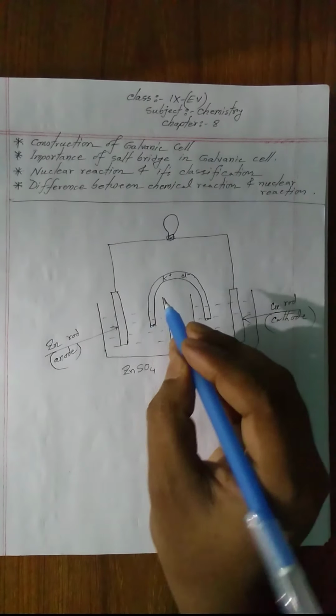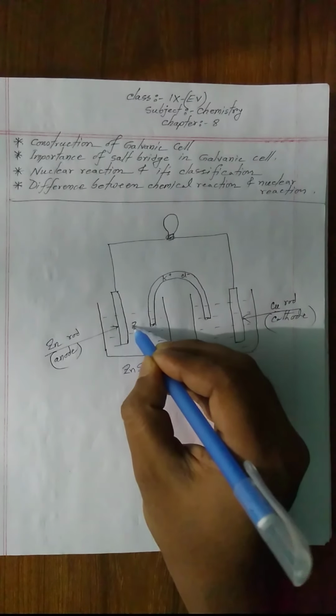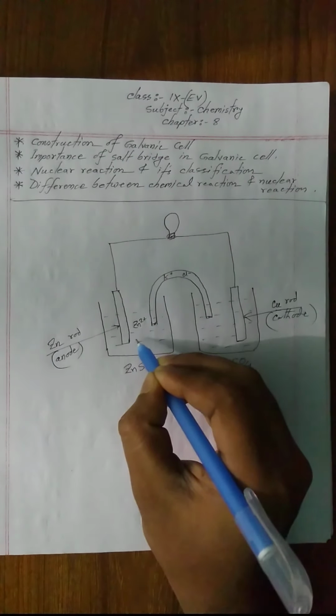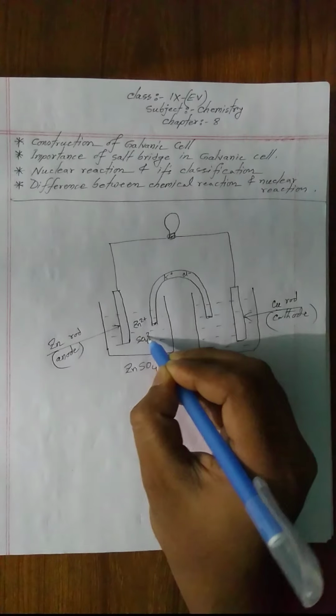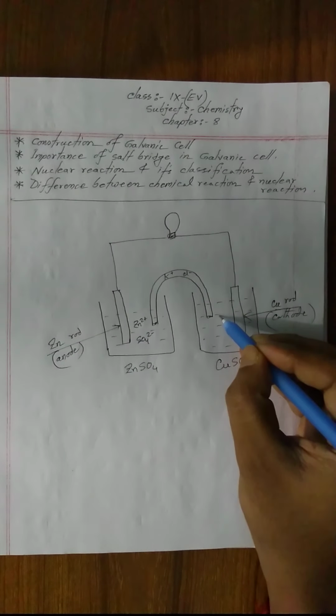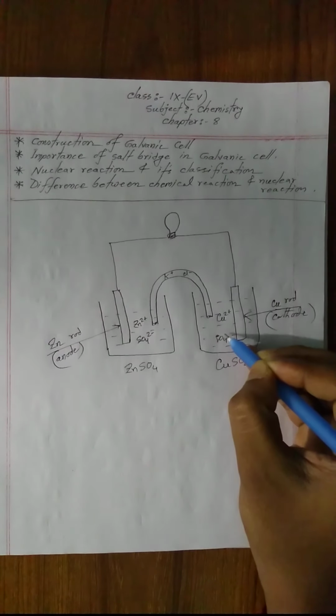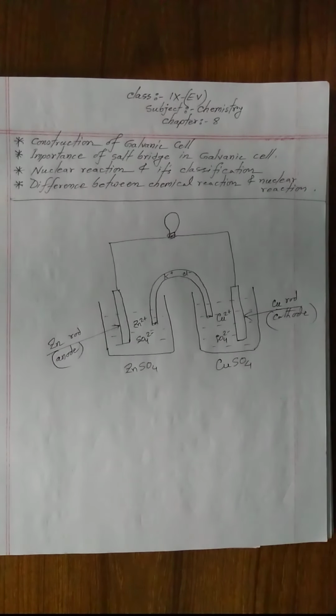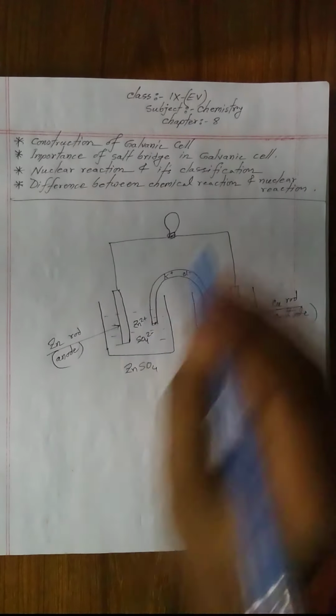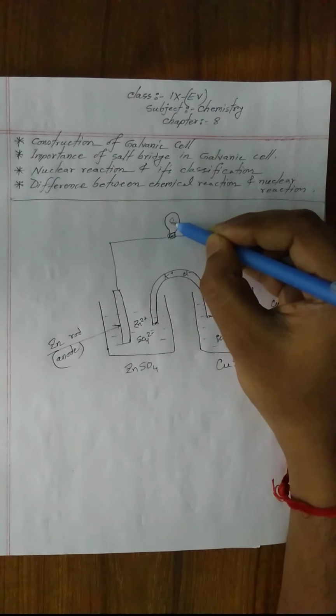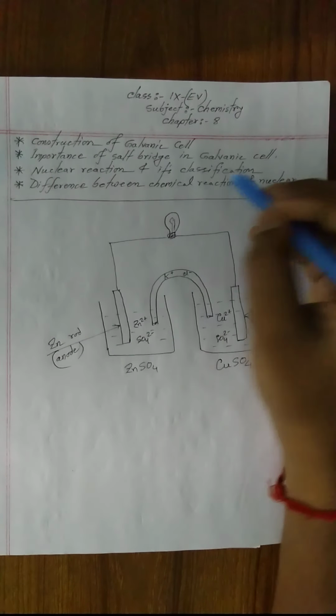And in this solution, zinc ion and sulfate ion are present. Similarly, copper ion and sulfate ion are present, and this is the bulb.